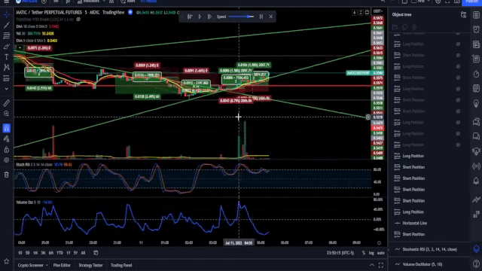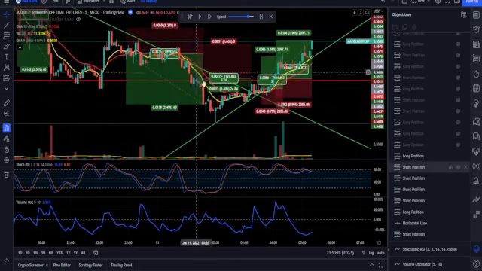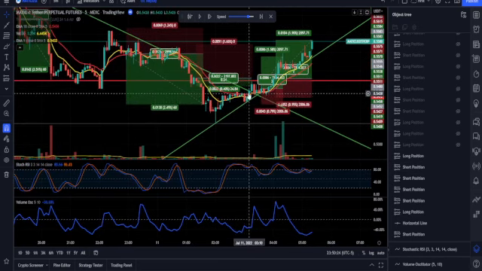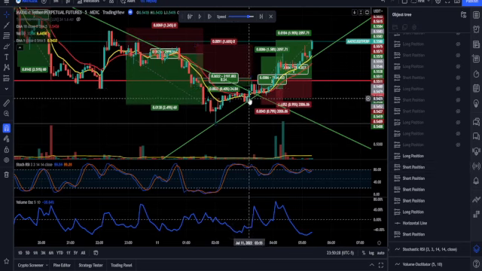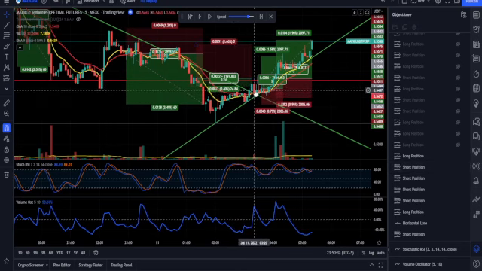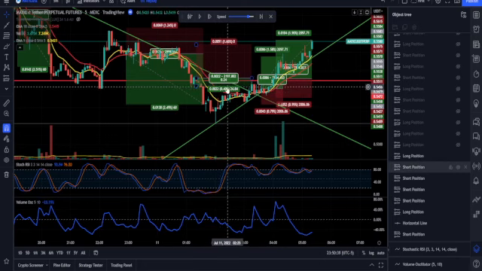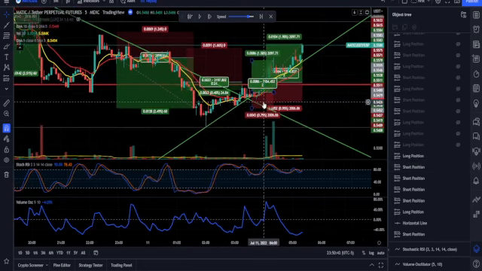So at that point, when price rose all the way up here to our downtrend and it broke through, that was a clear sign. Get out now. Price has definitely reversed. So we got out. We got a little bit of profit. No problem. And from there, we looked for our next trend.